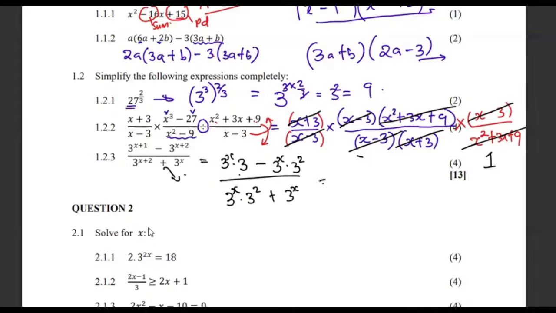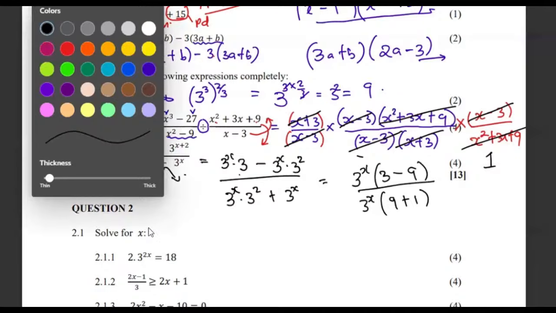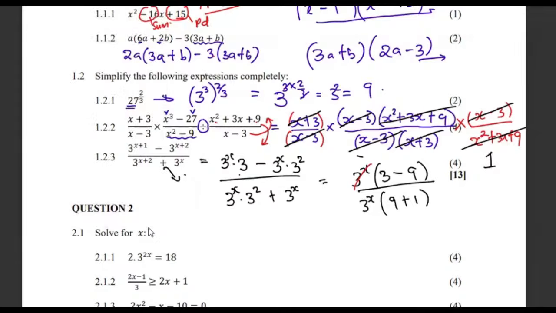What is common to the top is just going to be 3 to the x. And then if I factorize that, I'll have 3 minus, I know that 3 squared is the same as a 9, over what is common, I'll have 3 to the x. And then I'll be left with 3 squared, which is a 9, plus 1, because I've removed this, I'll be left with a 1. So the 3 to the x and the 3 to the x will cancel each other out.